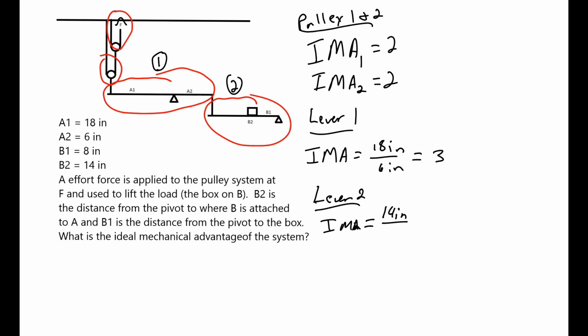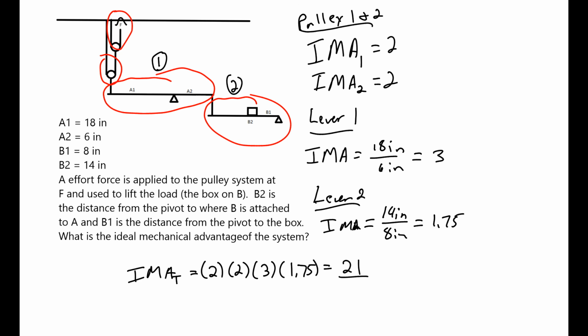What's our resistance distance? And so what does that end up being for our IMA for lever 2? 0.75. So now for our IMA total, we get 2 times 2 times 3 times 1.75. And what's that end up equaling? 21. Alright, any questions on that one?